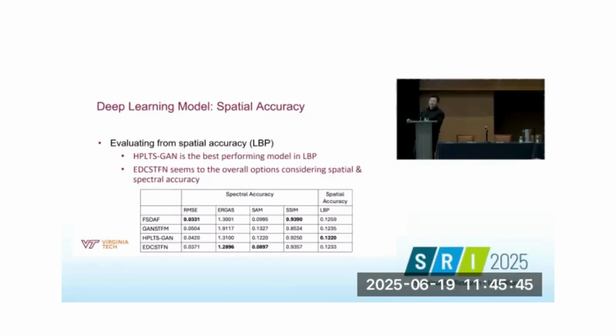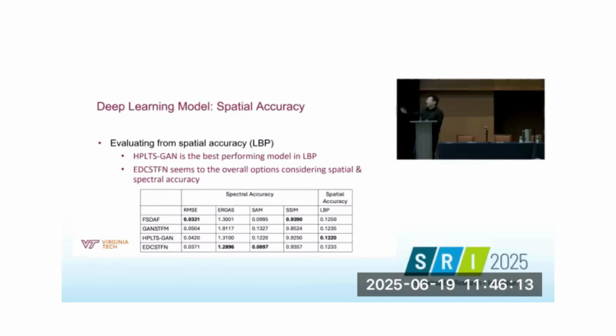But one thing we didn't think about, or that is not involved in this evaluation, is the spatial accuracy, right? If we add the component of spatial accuracy, which is represented by the LBP, the spatial accuracy evaluation metric, we find that actually the HPLTS-GAN model becomes the best performing model in terms of spatial accuracy instead of spectral accuracy.